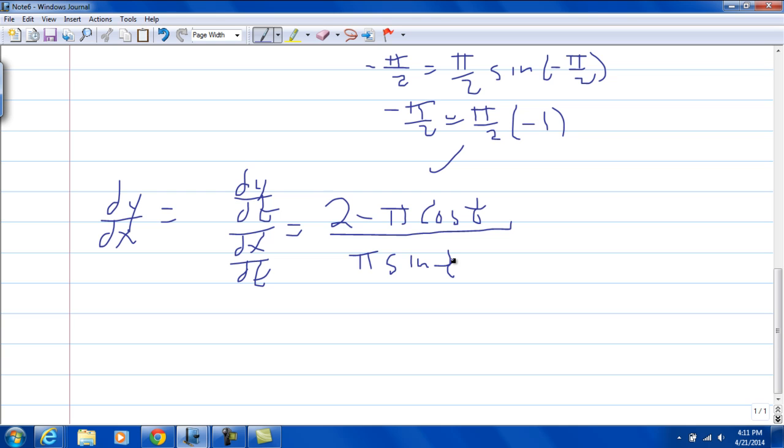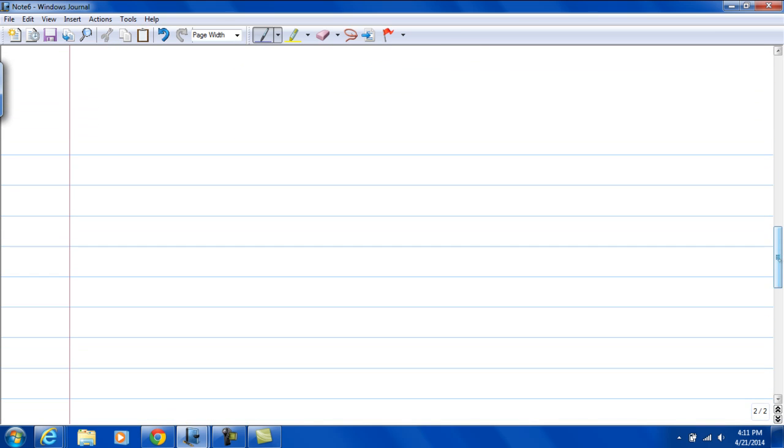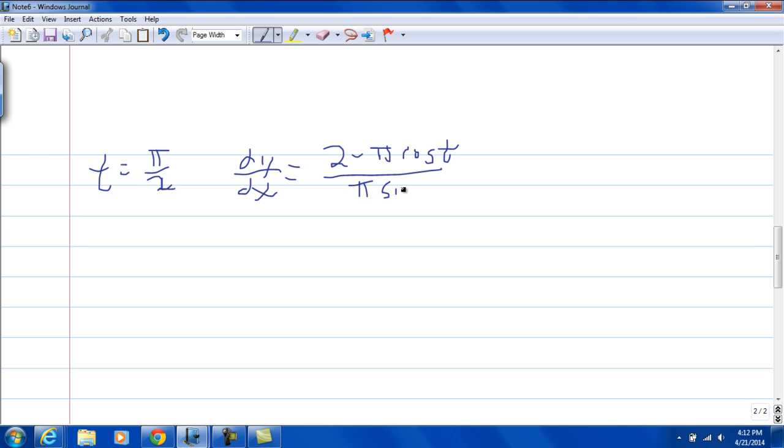So we'll look at a couple different places here. We'll look at t equals pi over 2 first of all. And again, we're looking at our dy/dx being 2 minus pi cosine t over pi sine t.